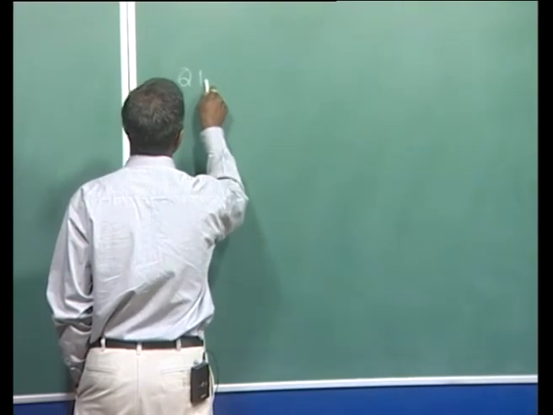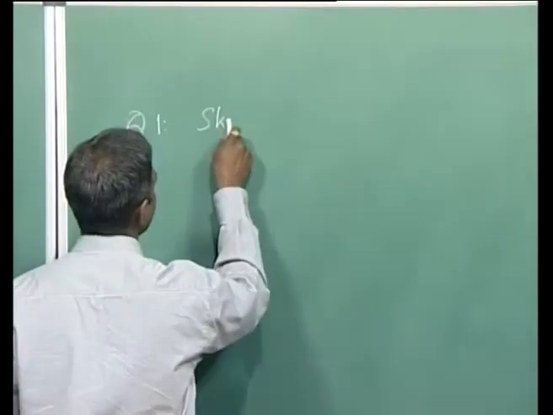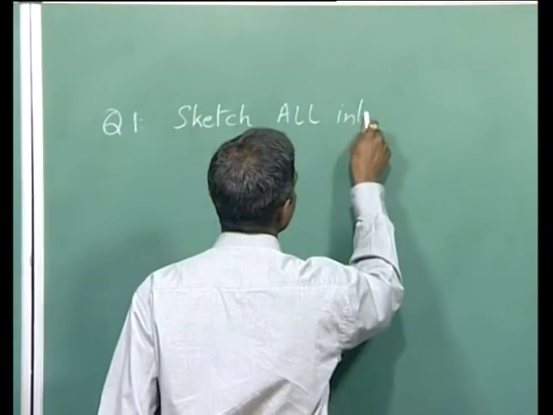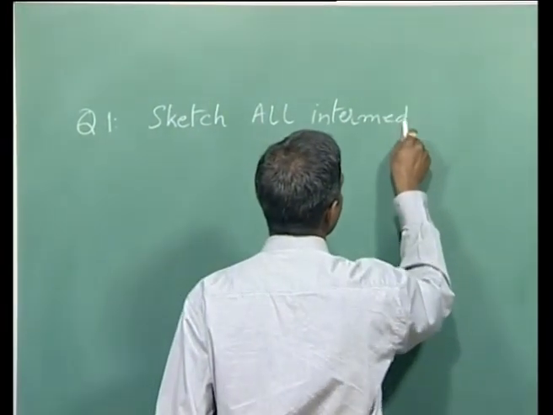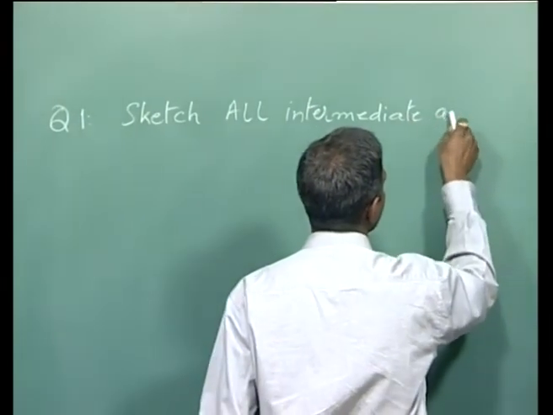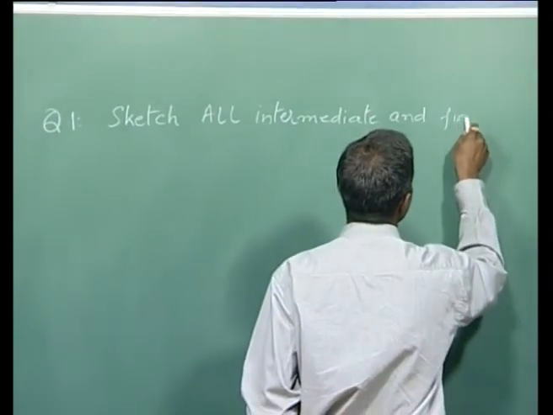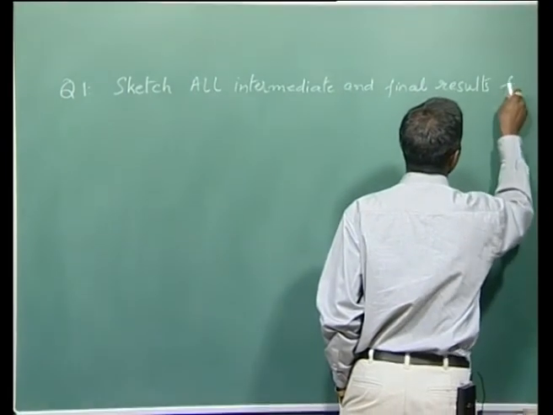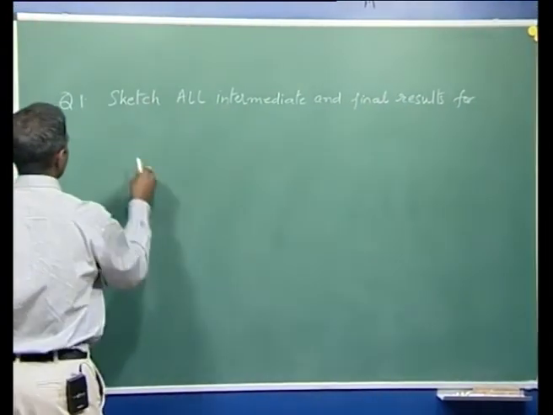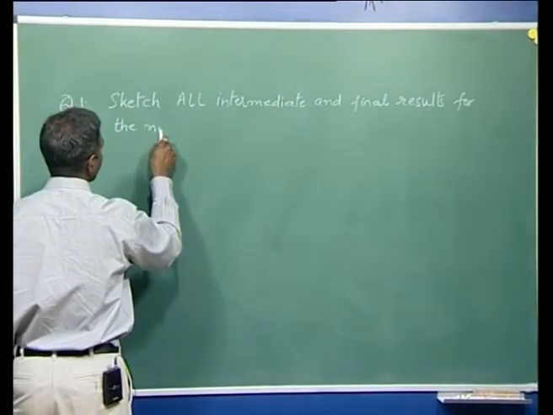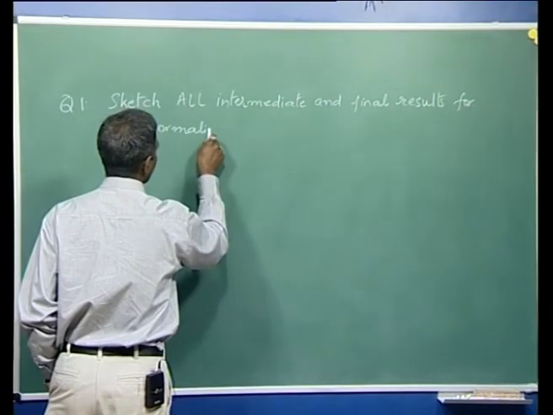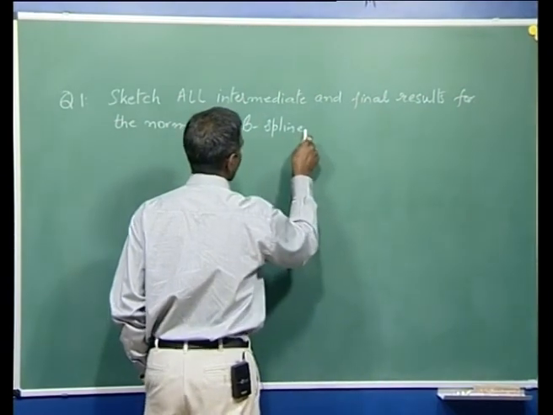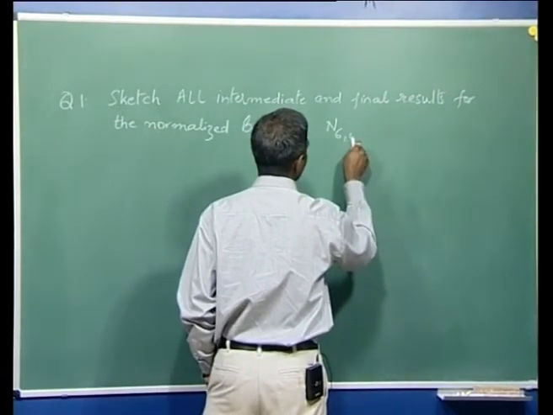Question 1. Sketch all intermediate and final results for the normalized spline N_6i(t).